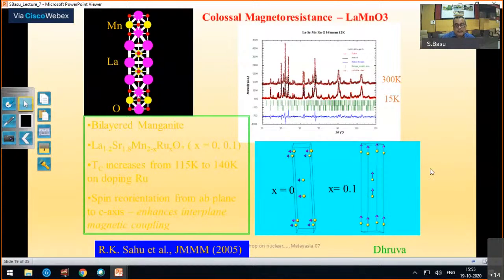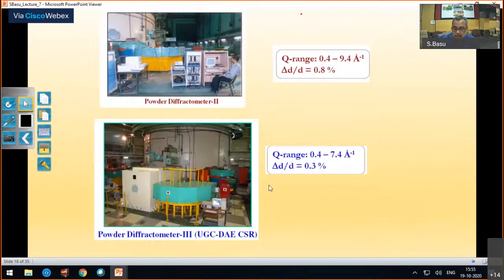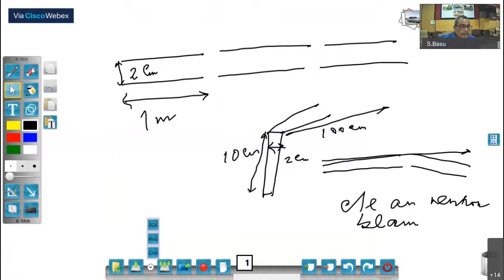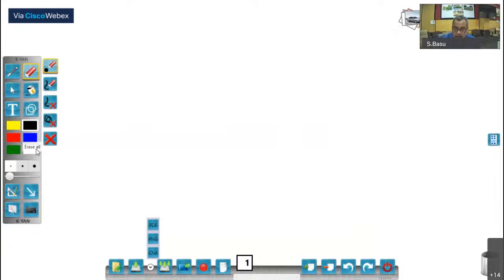In this matter, I want to tell you that I talk about the Fourier relationship between the real space structure and the Q space structure. But rarely, as I told, in principle, you should be able to do a Fourier transform and get into the real structure. But you see, your Fourier transform involves an integration over Q from 0 to infinity.